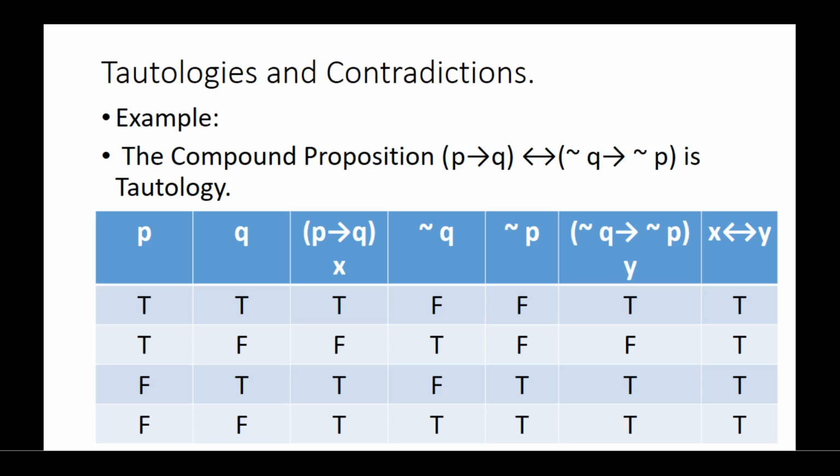P implies Q is true. Negation of Q is false. Negation of P is false. Negation of Q implies negation of P is true. And X is true, Y is true, so X double implication Y is true. So the first statement is true.